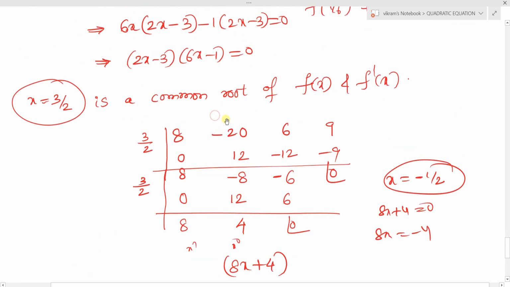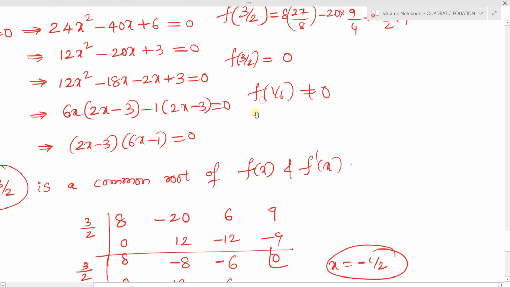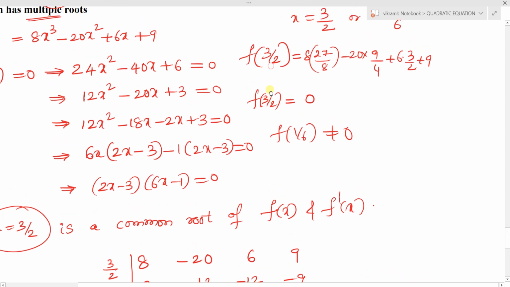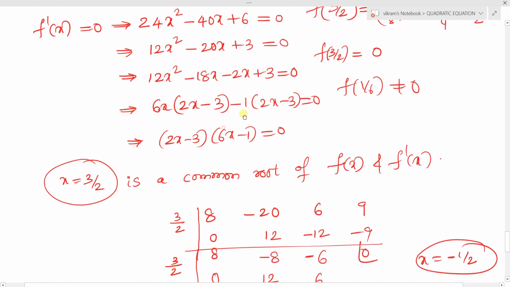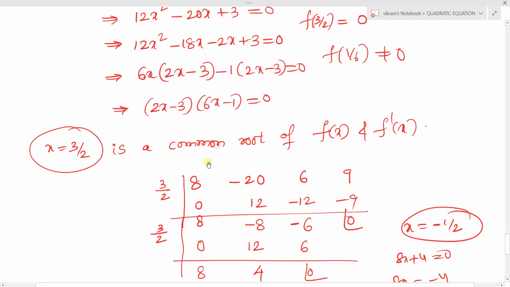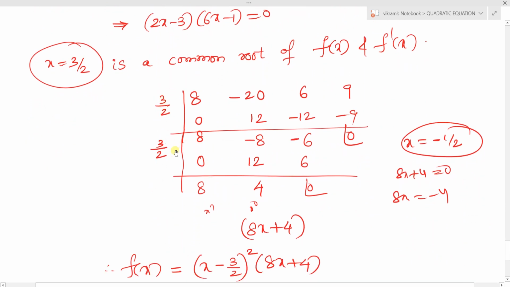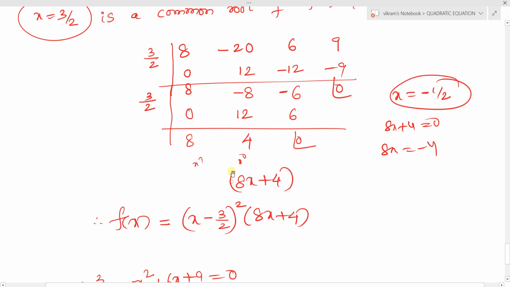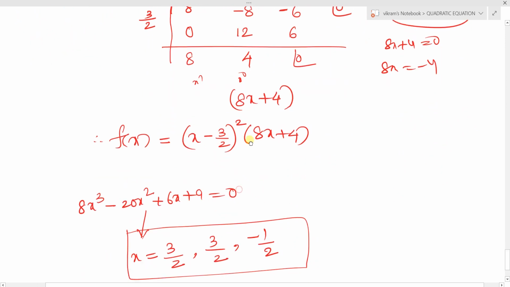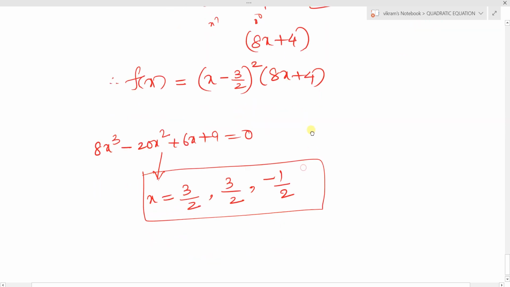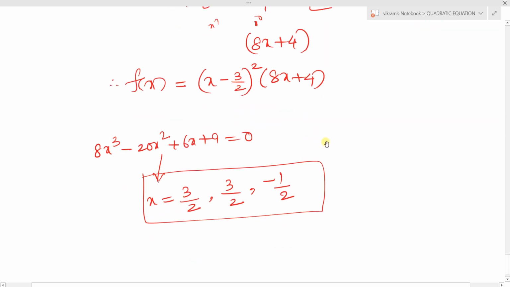Then whatever value of x we obtain from f dash of x, substitute in f of x. If that value equals 0, then it is a root of f of x and f dash of x. Then do the synthetic division with that root 2 times. Then we will find another factor, equate that factor to 0, and that is another root. I think now you understand how to find the common root or repeated roots of the given polynomial equations.